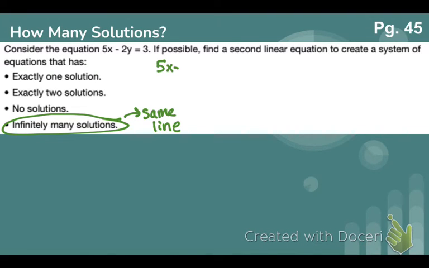So we have 5x minus 2y equals 3. Nasiba said, why don't we multiply the whole thing by 2? Now we have basically the same line, but it looks a little different.